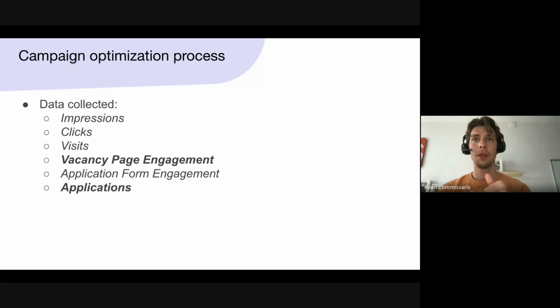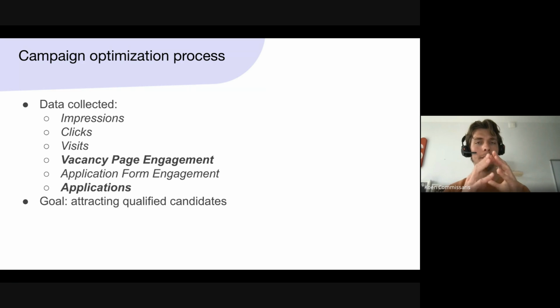All right. Because our software measures which users have more engagement and which users have less engagement on the vacancy page, this data can be collected and then also sent back to the different social media platforms that the users originate from.